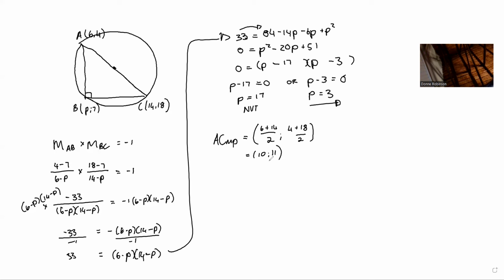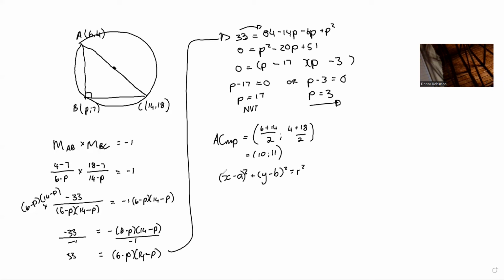We can then just add it to our little circle equation. So remember our circle equation is x minus a squared plus y minus b squared is equal to r squared. We're going to put it in. We're also going to put in an x value.